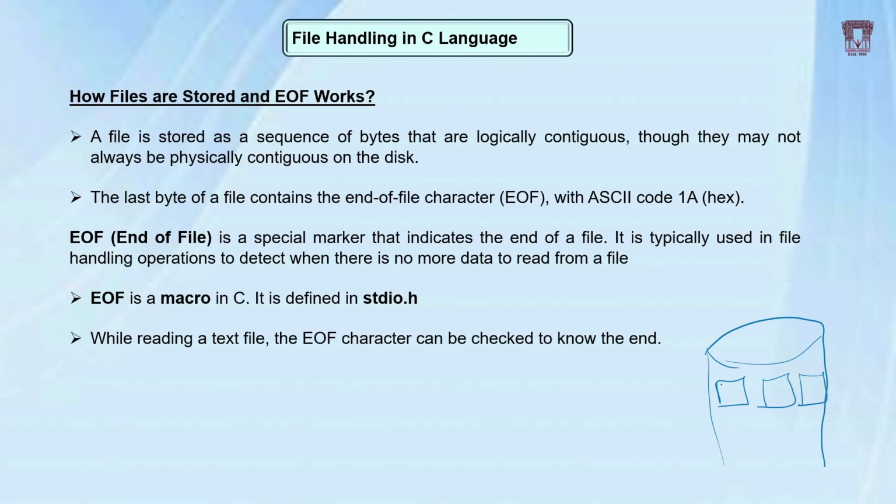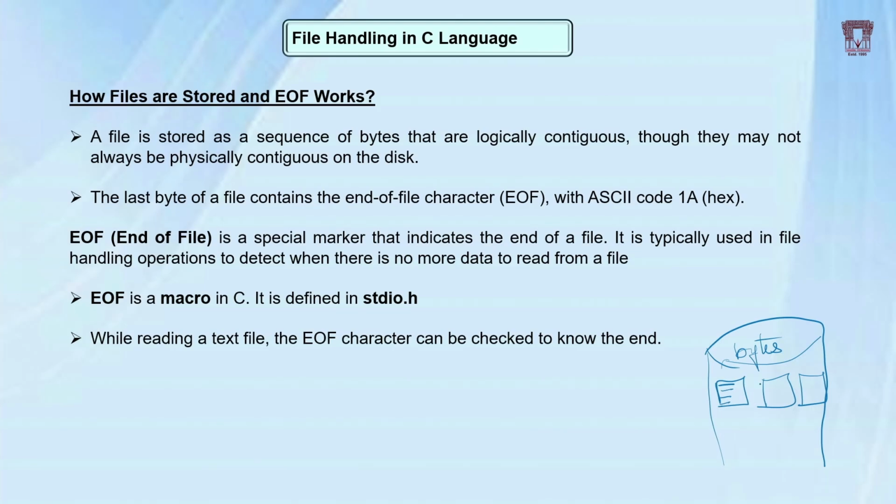And in this you will start storing your file content. This is stored in the form of bytes, and usually they are contiguous in nature. Contiguous means the data is stored adjacent to the previous data. This is a logical contiguity. It may exist contiguously on the disk or may not exist contiguously on the disk.